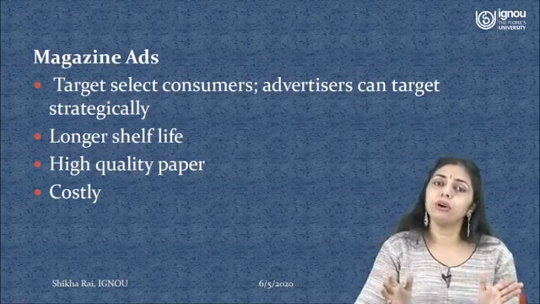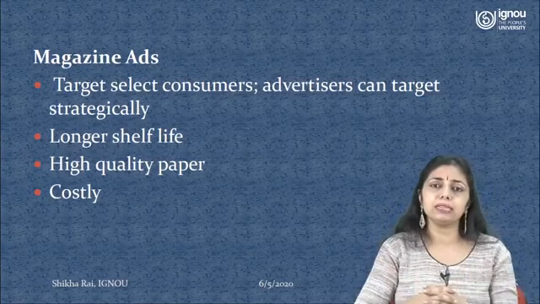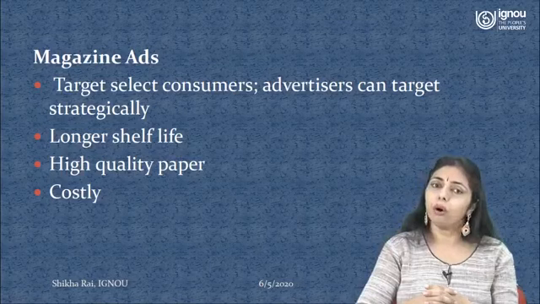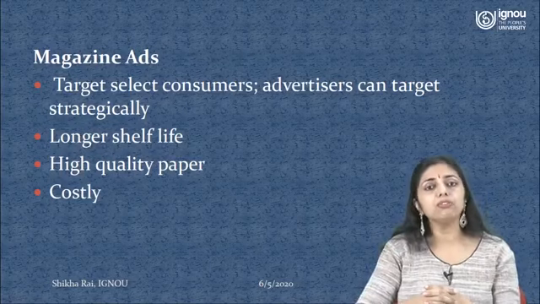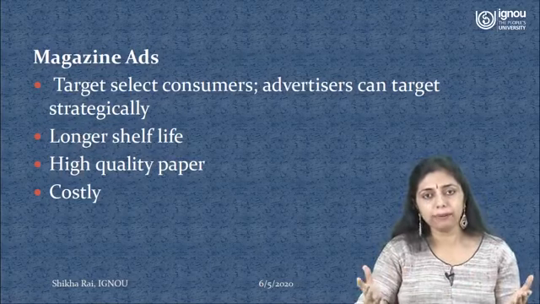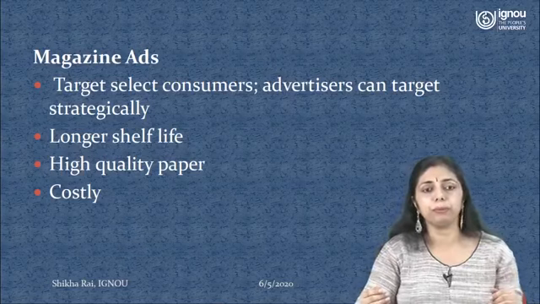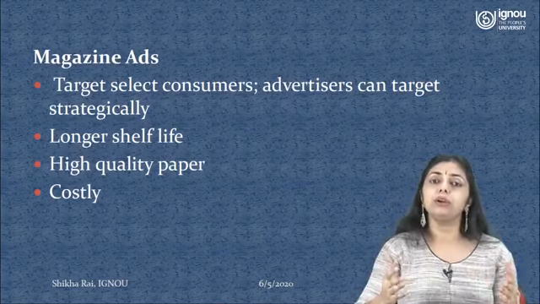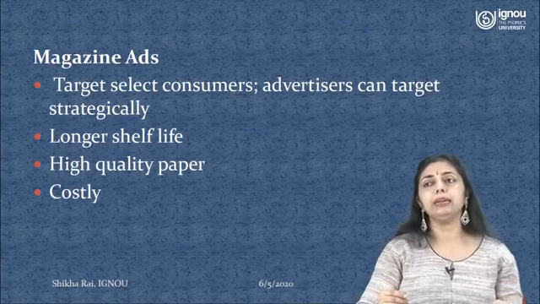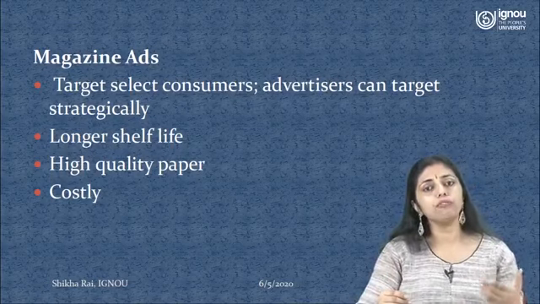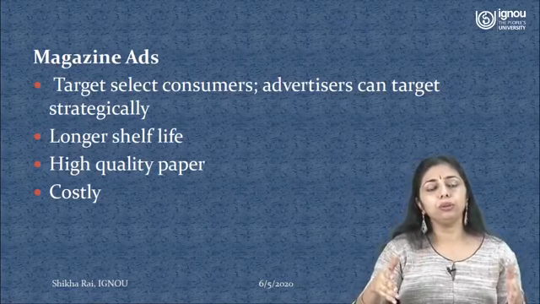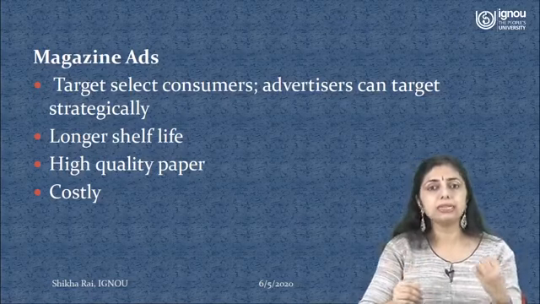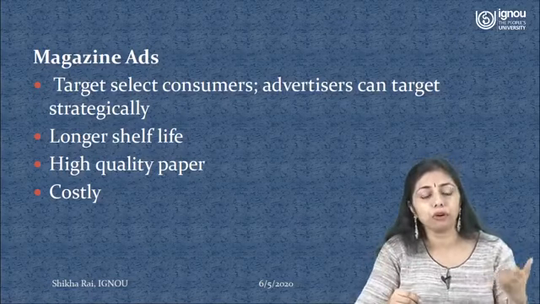Then they have a longer shelf life, because most magazines are either fortnightly or monthly, sometimes even weekly. So they definitely have a much longer lifespan as compared to a newspaper. And of course, the paper quality is high. We will usually find glossy paper in it. And in fact, in order to advertise, a lot of brands also produce calendars and things that people can make use of for a longer time.